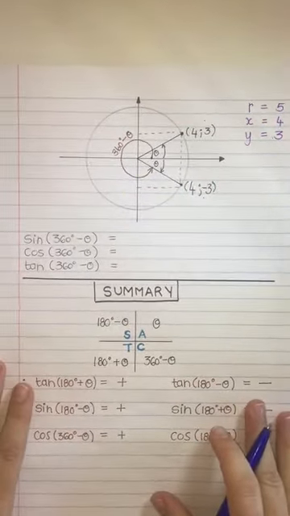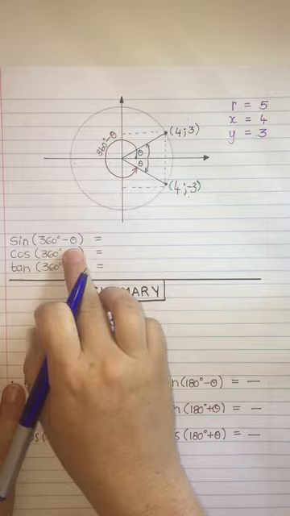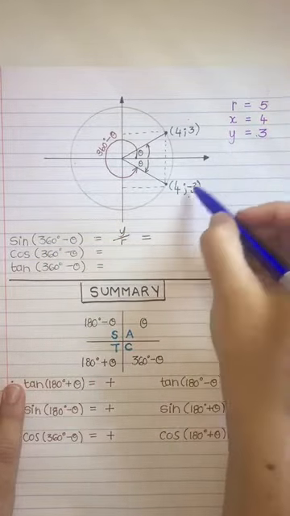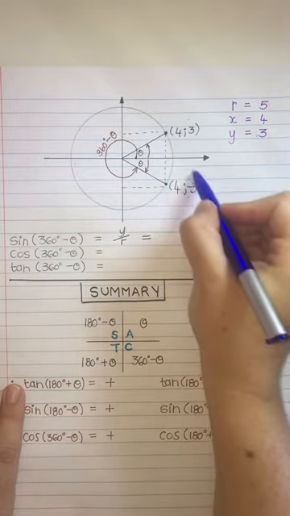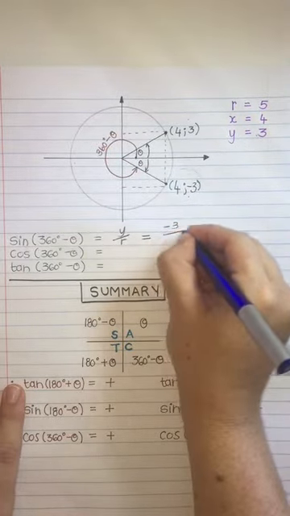So let's see. Sine of 360 minus theta. Again, sine is y over r. Now we're going to do this angle. Y is minus 3 over radius, always positive, 5.